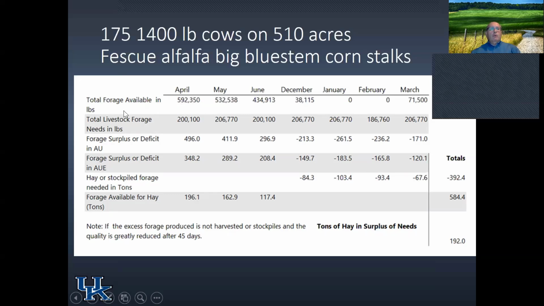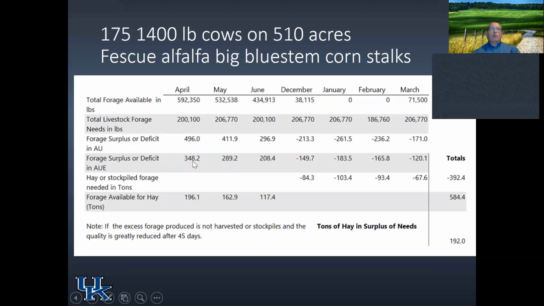So the model will calculate the total forage available in pounds for each month, the total forage need in pounds at the same time, and the forage surplus or deficit in animal units. That would be the 1,000-pound animal units. Then depending on the size of the animal that you picked, it's going to do the forage surplus or deficit in animal unit equivalents.